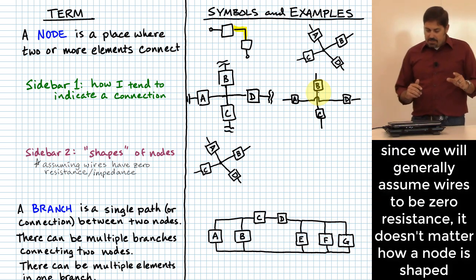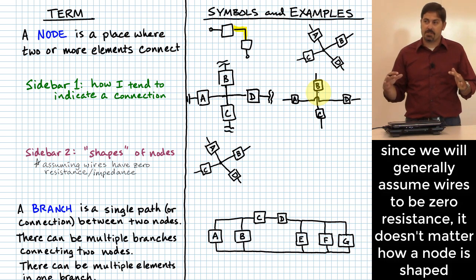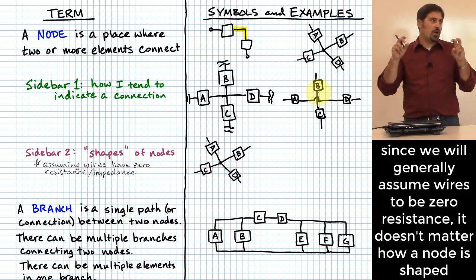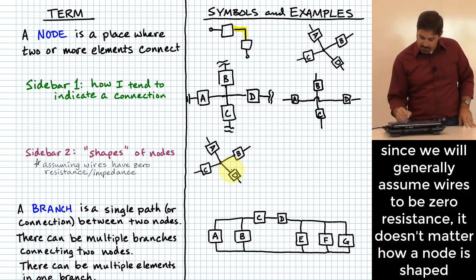The other thing that I want to mention is that once you have assumed that your wires are zero resistance, then it doesn't really matter what shape a node is going to be, right? I showed this example of where we've got this interconnection point between these few elements.